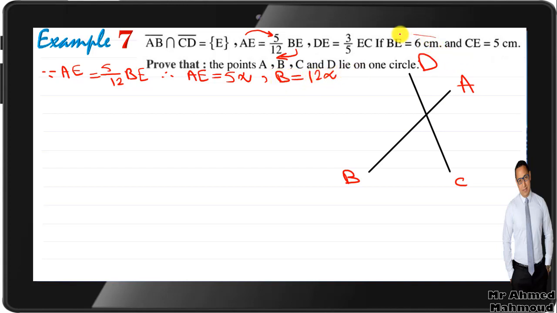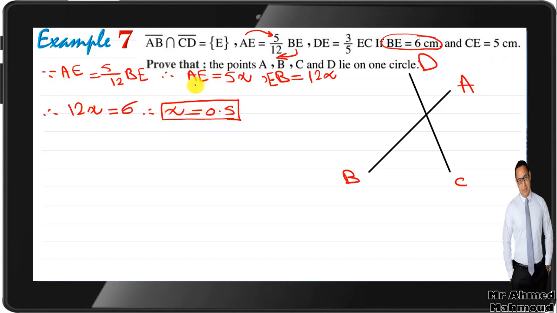Here BE equals 6. This is BE. Therefore 12x equals 6. By sending 12 by division, therefore x equals 6 divided by 12 equals 0.5.